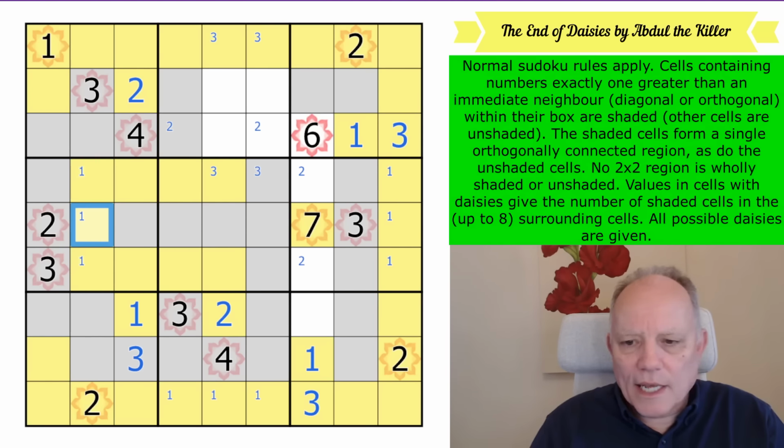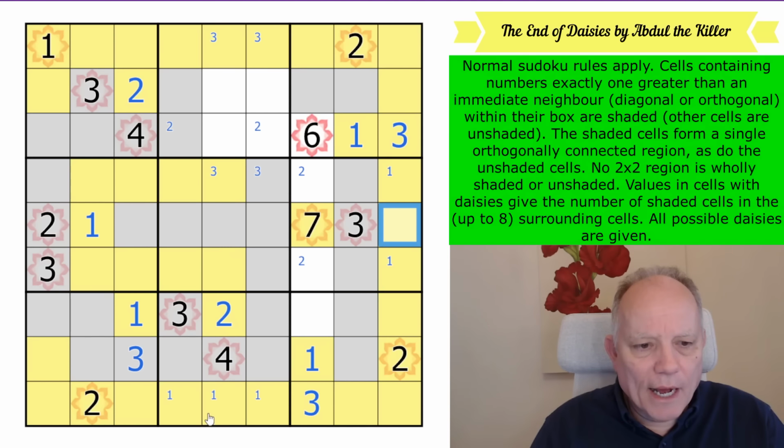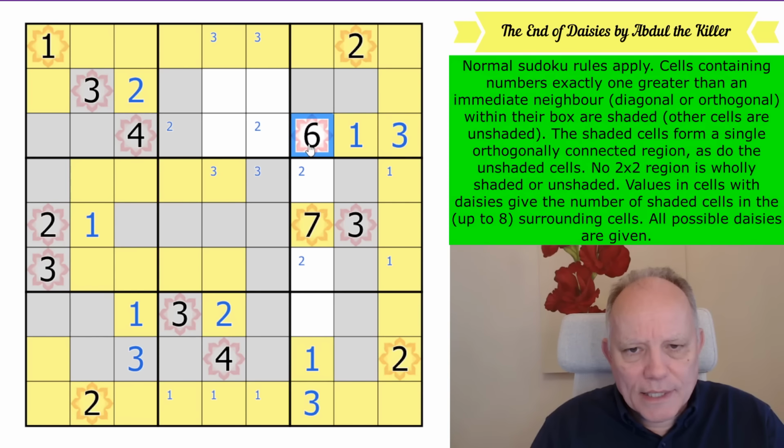Now, one has to be in a central yellow cell. That's still true. Good, I'm glad I remembered that. Now, it's just grey and yellow. I don't think about the flowers when I think about touching digits. What I think about with the flowers is how many grey cells they see.